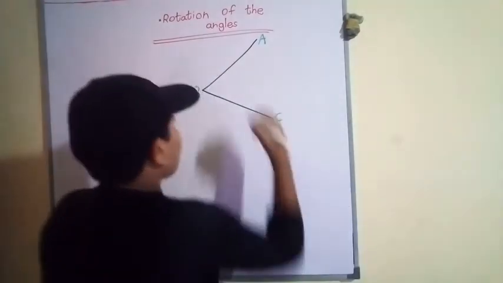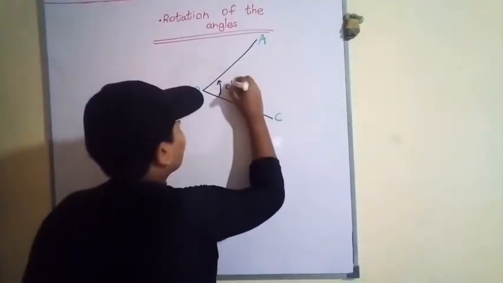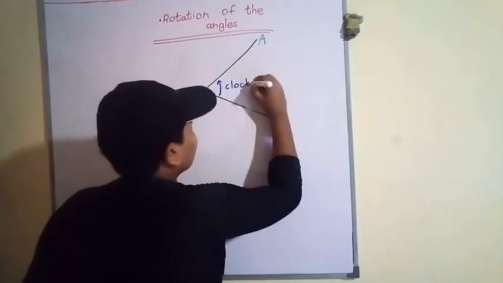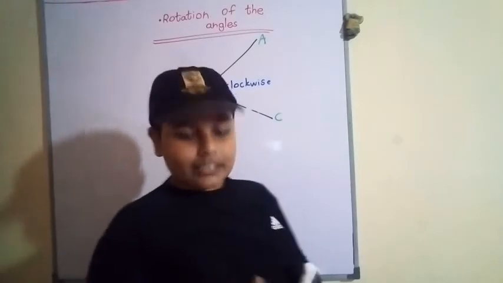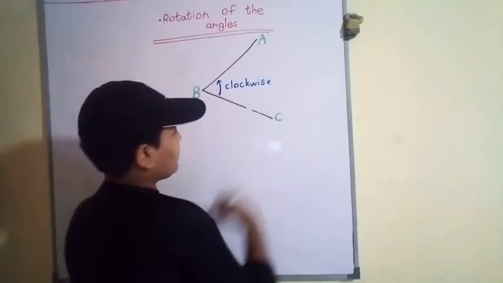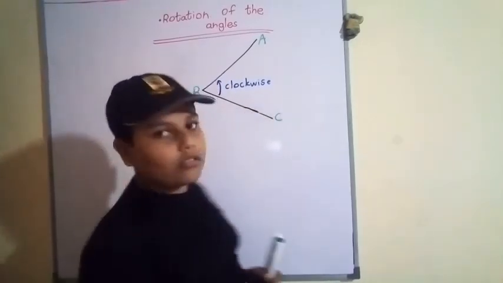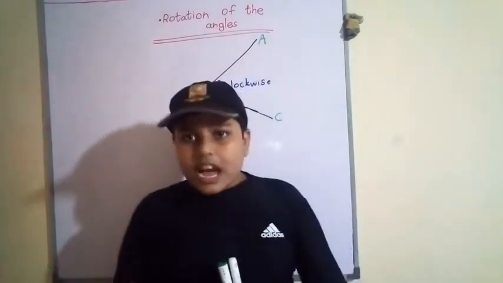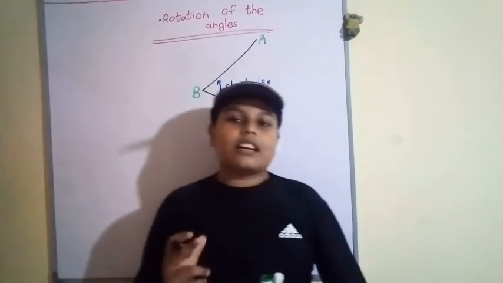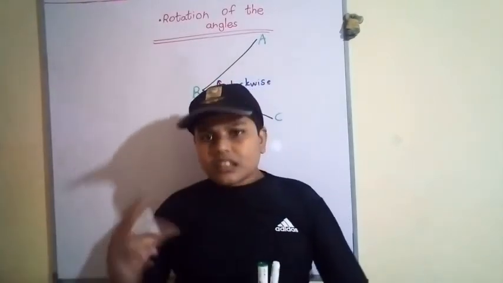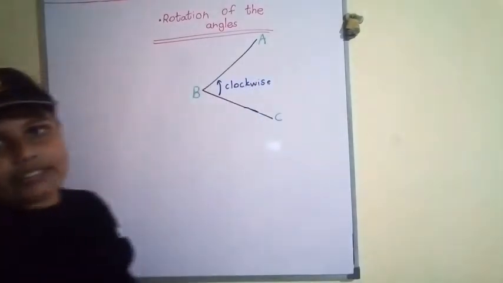They have an angle like this, clockwise. That is a rotation. The angle can rotate clockwise. Now, what is clockwise?